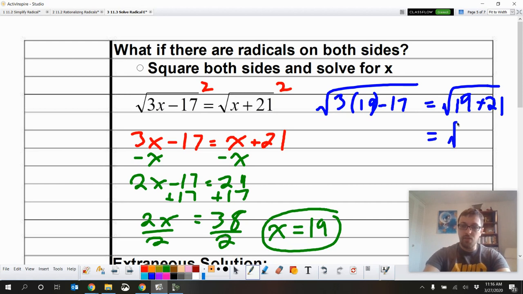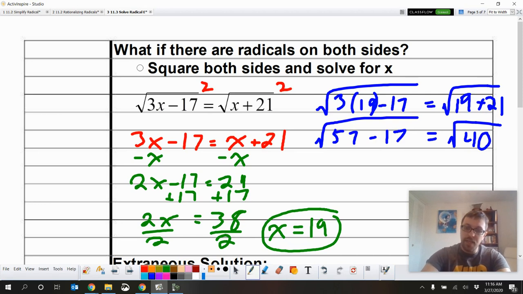Well, that is the square root of 19 plus 21, so that is 40. This is the square root of 3 times 19, which is 57. And then 57 minus 17, hey, that's the square root of 40. I don't know what the square root of 40 is, but they're both the same, so we're set.